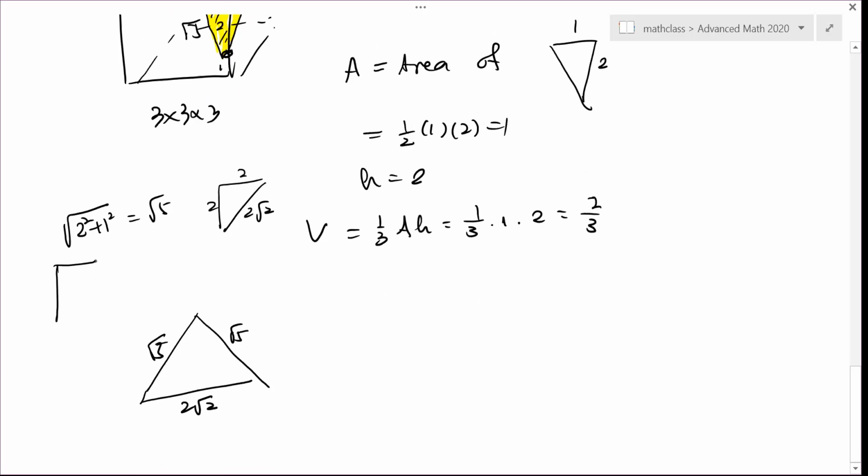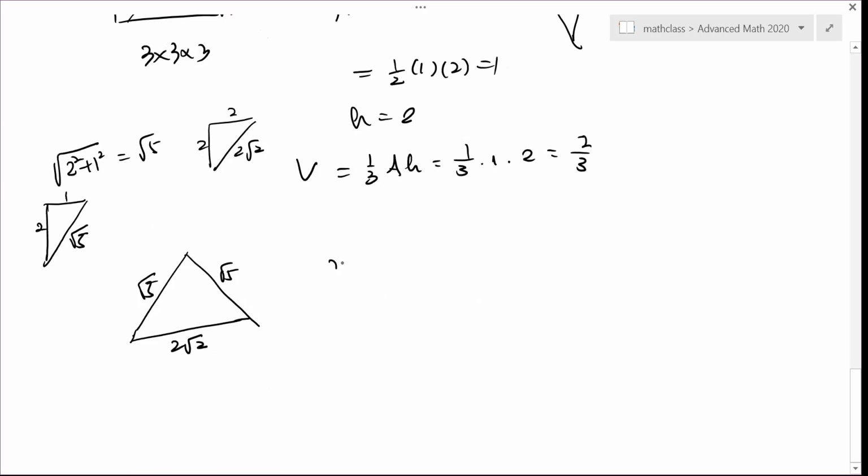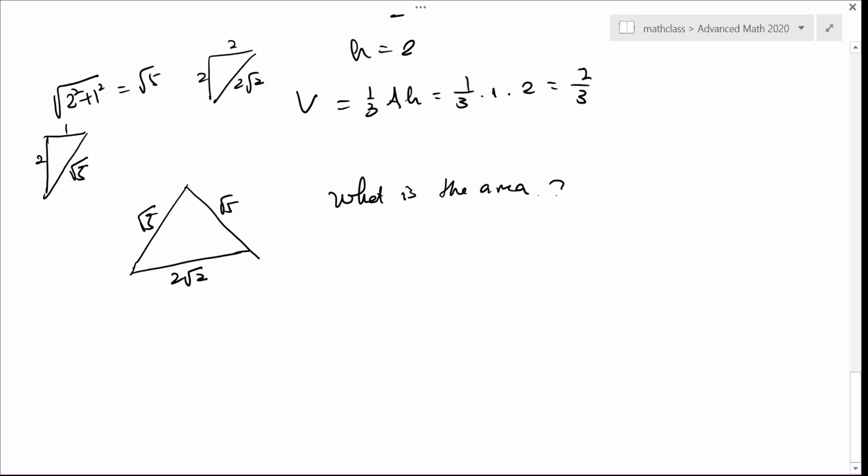This is a triangle with sides 1 and 2, that's a square root of 5. My question is, what is the area of this triangle? Do you still remember? Can you find it?